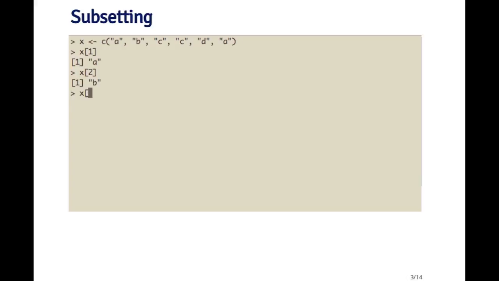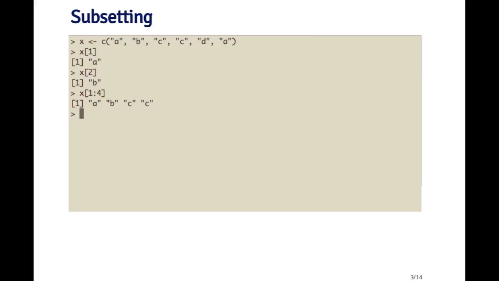I can also extract a sequence of elements. If I want to get the first four elements of x, I can construct the sequence 1 through 4, and then I get a, b, c, c. So in these three examples, I've subset the vector x using a numeric index. The numeric index is 1, 2, or the sequence 1 through 4.